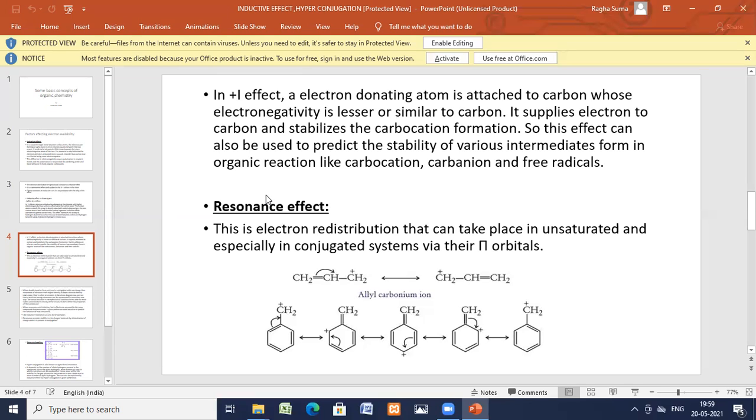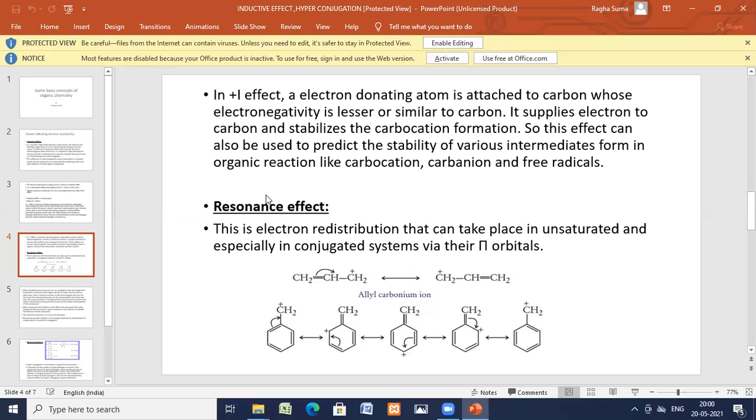There is no requirement for the electron density. Therefore, H plus ion is not lost. Acidity is decreasing. So simply remember, if minus I group is there, acidity increases as the electron density decreases. If plus I group is there, electron density will increase and the acidity will decrease. So based on this inductive effect, we can explain the acidity and the basic nature of the compounds.